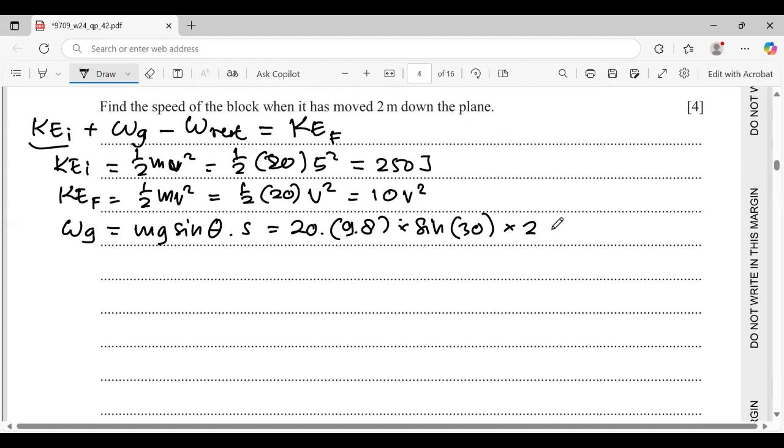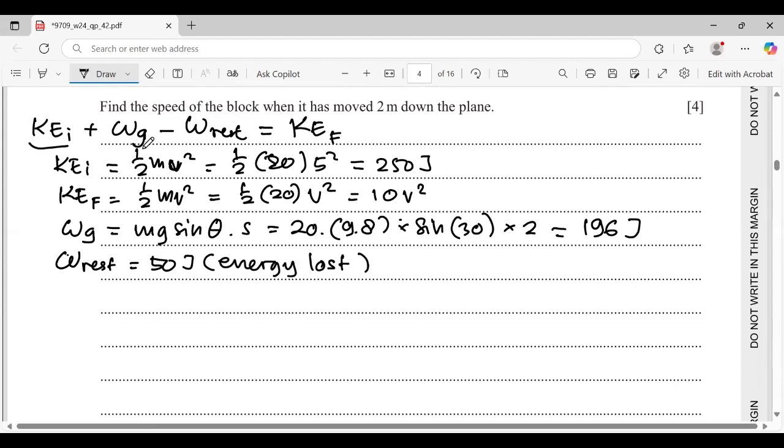If you calculate, it becomes 196 joules. Now the work done against resistance, W resistance, based on the information, is 50 joules. 50 joules is energy loss.